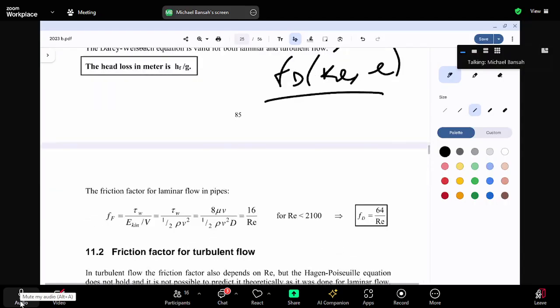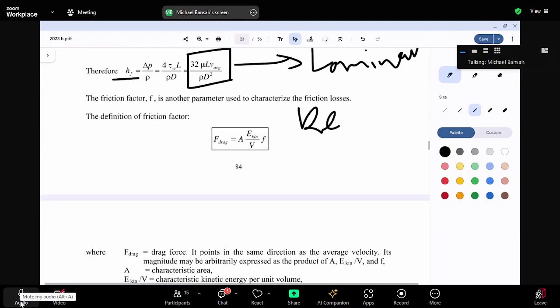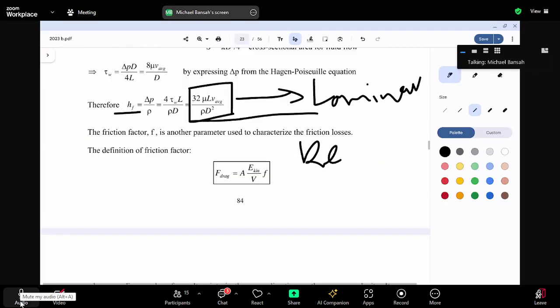before I go back to Reynolds number and relative roughness, there is another way to also calculate the friction factor for laminar flow. Remember the first one, we looked at this very equation, right?